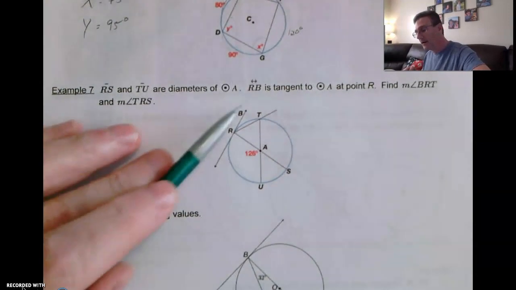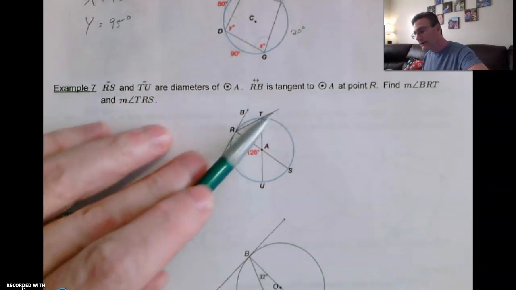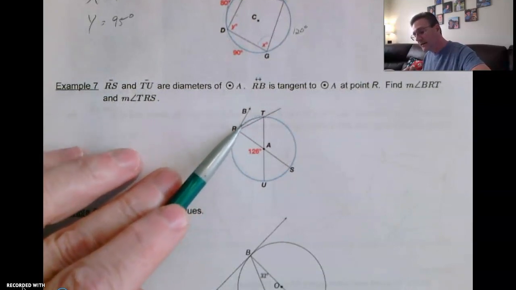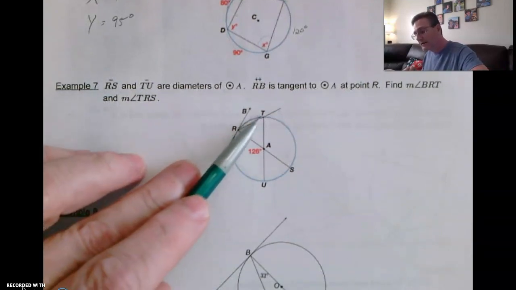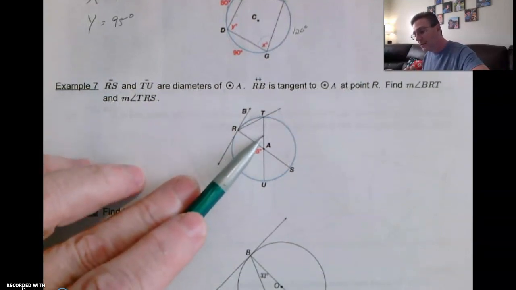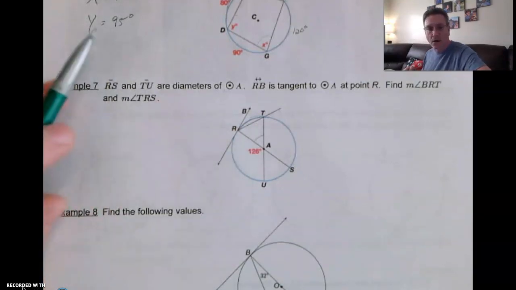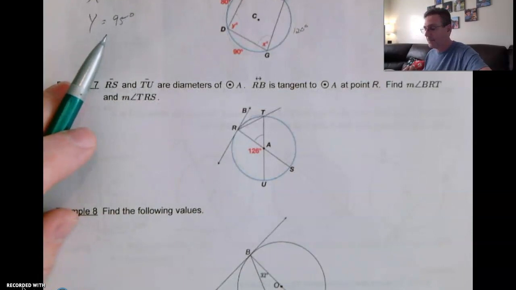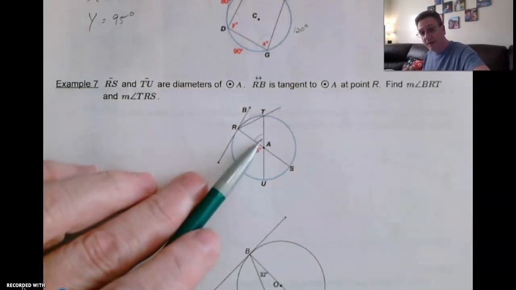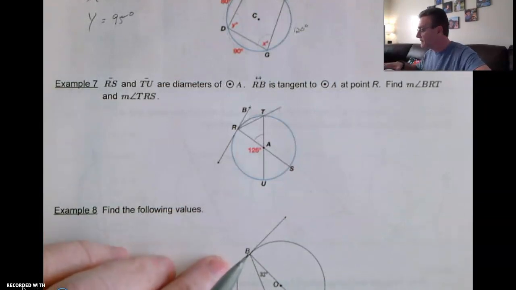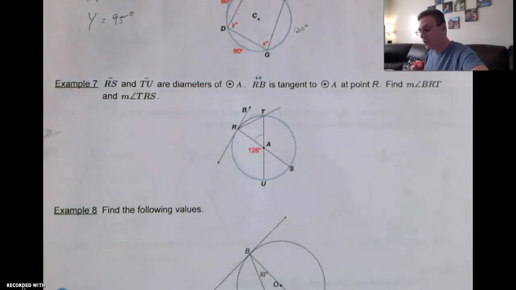So what arc is angle BRT intercepting? It's intercepting arc RT. Arc RT is equal to the central angle TAR. What's the measure of angle TAR? 180 minus 126 is 54.